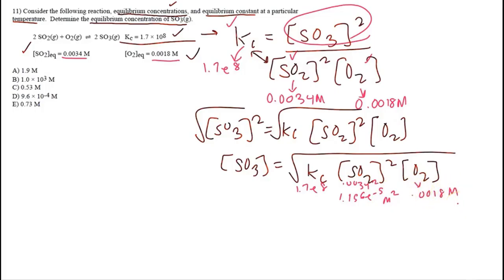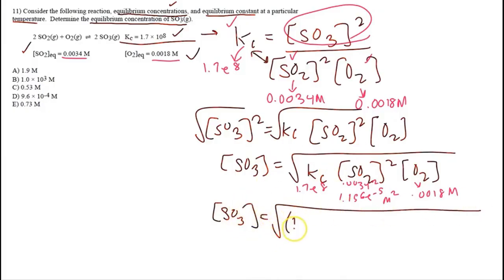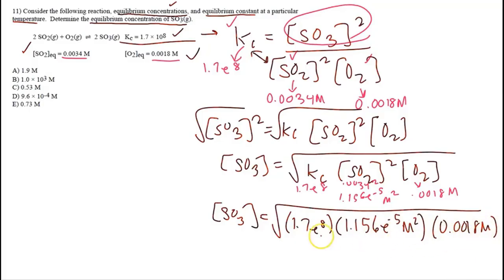All right. Now, when I multiply everything here, let's go ahead and talk. When I'm trying to get my SO3 concentration, I'll take the square root of all these numbers. So I have 1.7 e to the 8th, I have 1.156 e to the negative 5 molarity squared, and then I have 0.0018 molar. When I multiply these two, you see I'm going to get molarity cubed, okay?